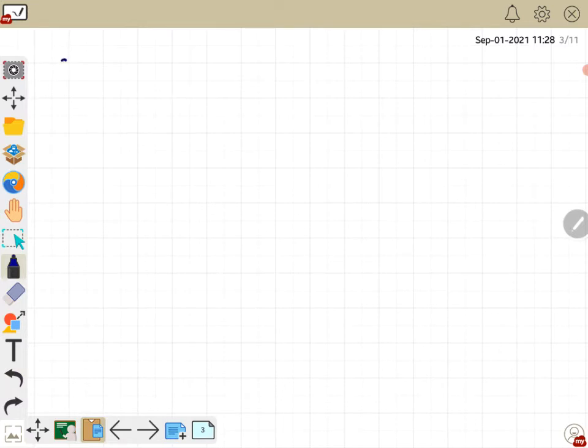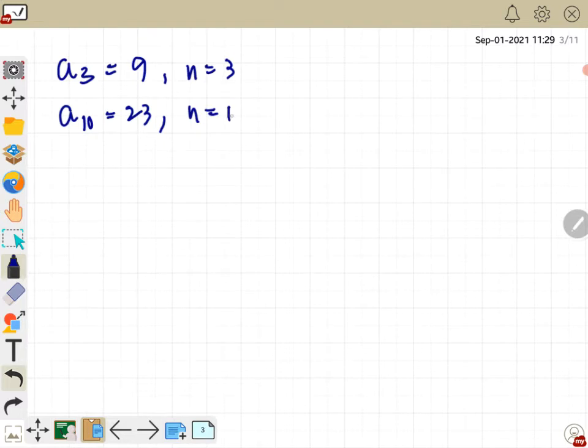So we have a sub 3 is 9. That makes n equals 3. And we have a sub 10 equals 23. That makes n equals 10.